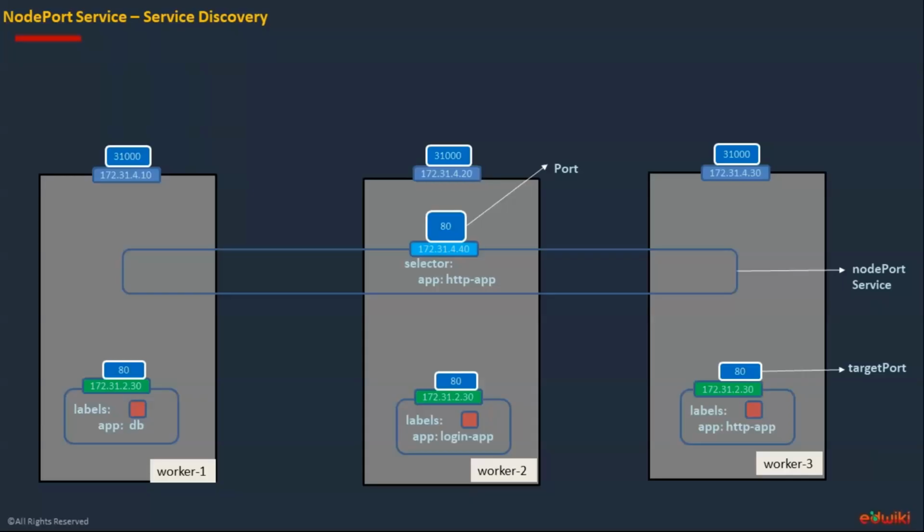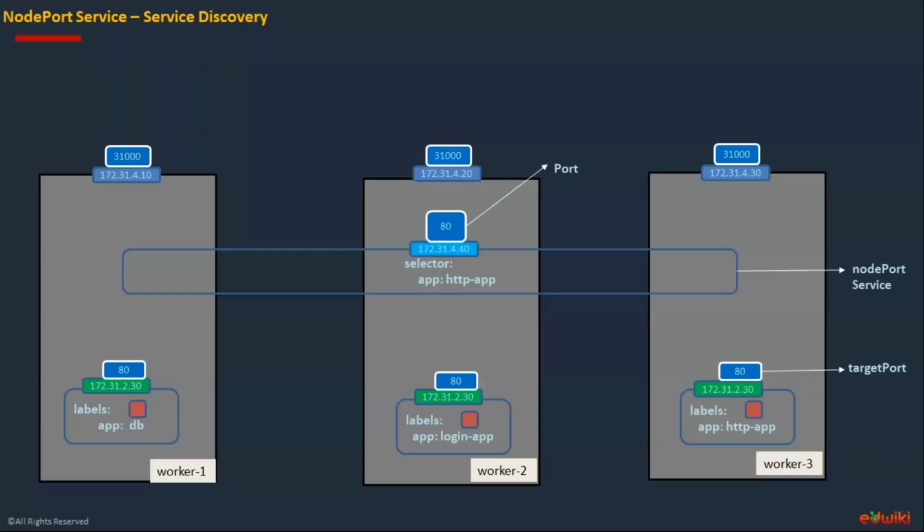But now your container may be running on any worker node, right? Possible. So I can't rely on this. That's the reason Kubernetes has the concept of a service. The service will take care of this internally, right? And you do the port mapping from the service to the worker node port number.